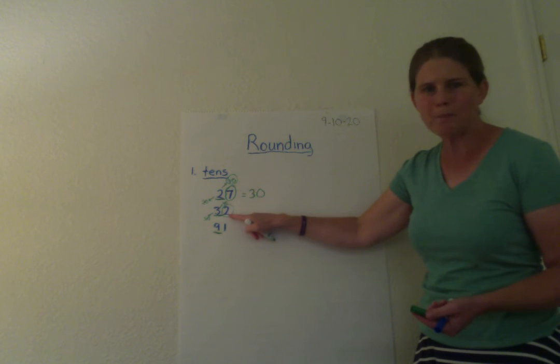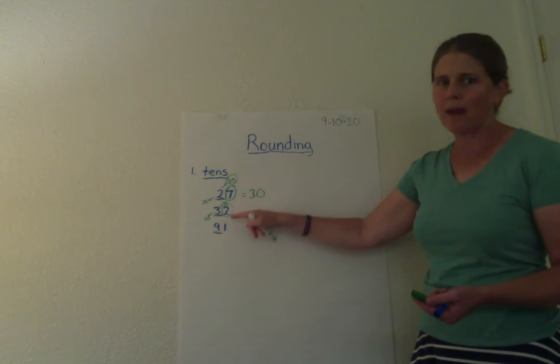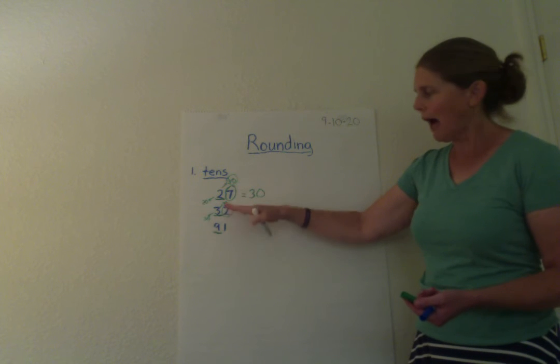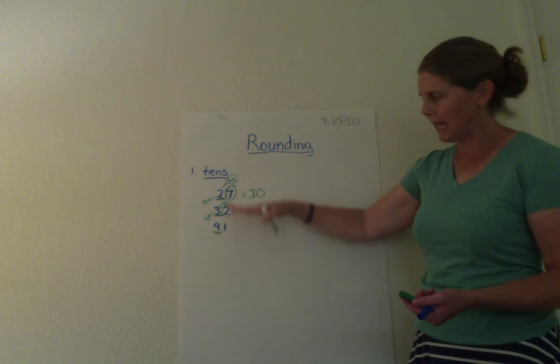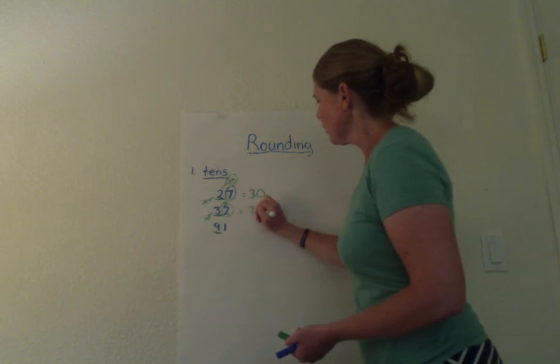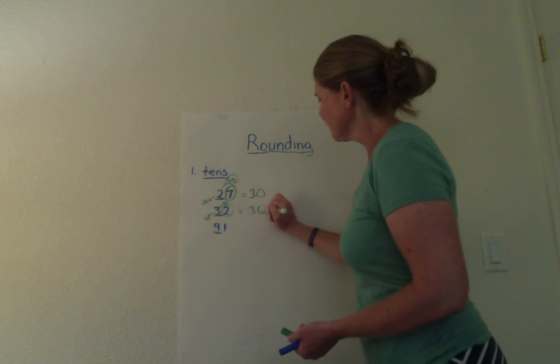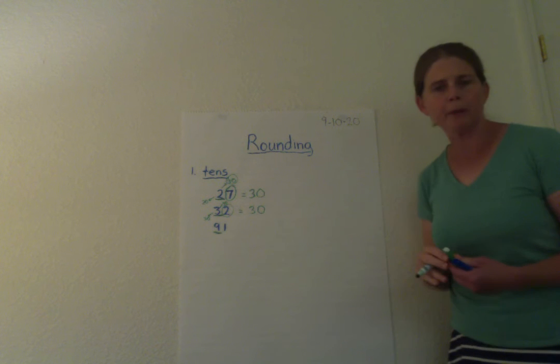Well, 2 has barely passed 0. It's far away. It's 8 away from going up to 10. So I know that 32 doesn't get to round up. It stays down. So 32 would also round to 30.